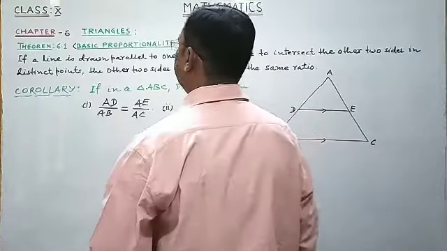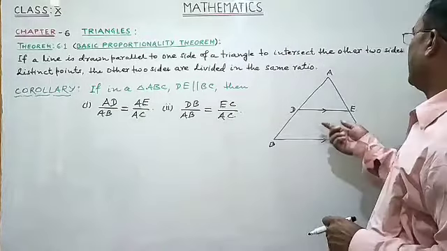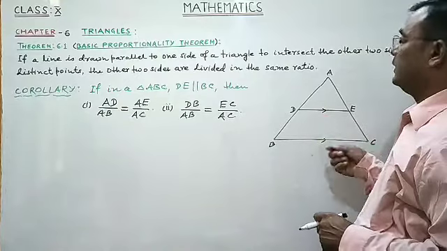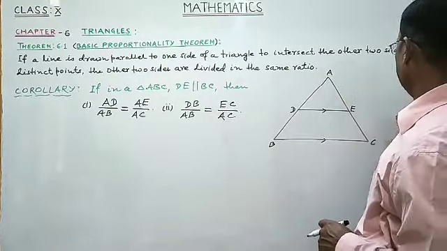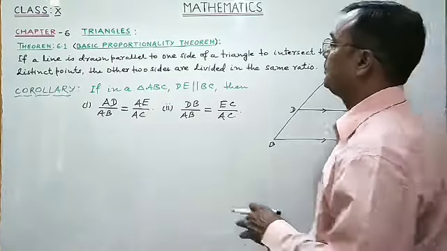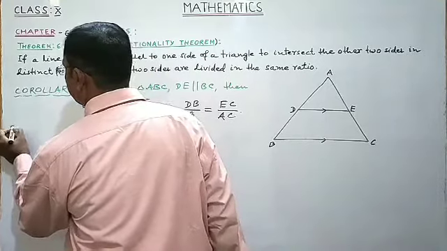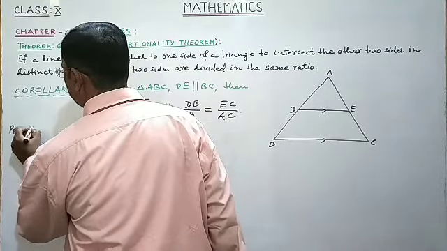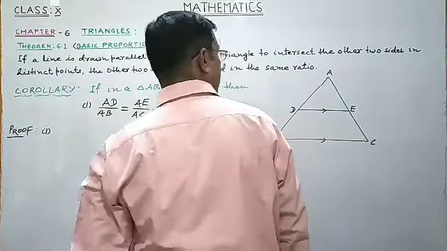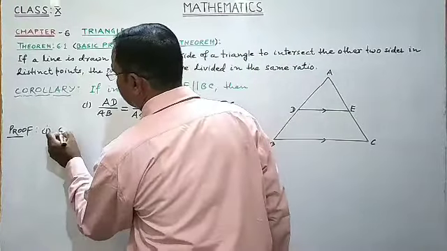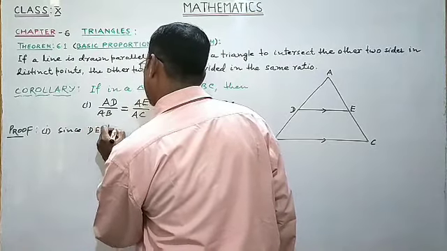Corollary: if in a triangle ABC, DE is parallel to BC, then AD by AB equal to AE by AC. So we shall prove these results. DE is parallel to BC.